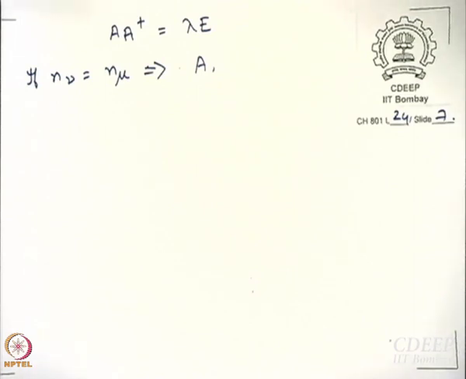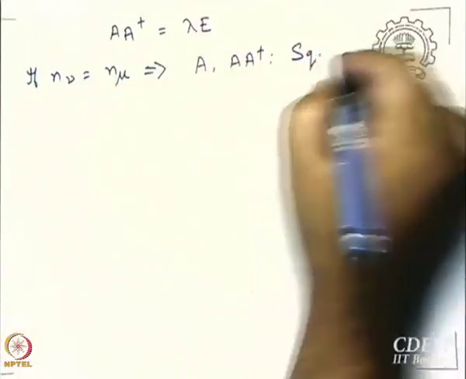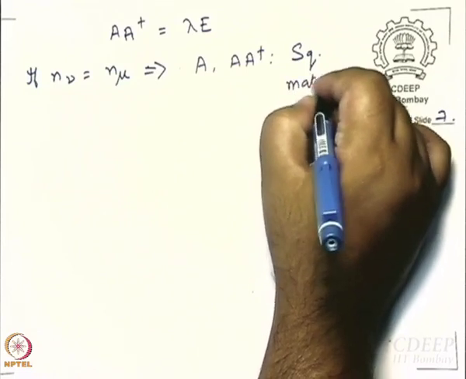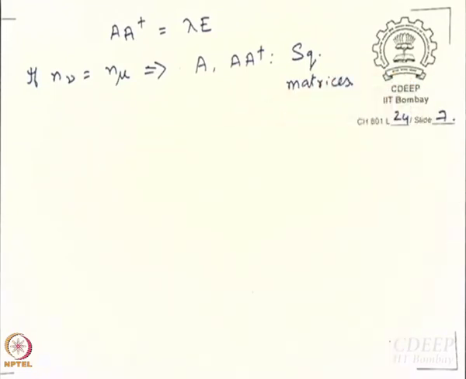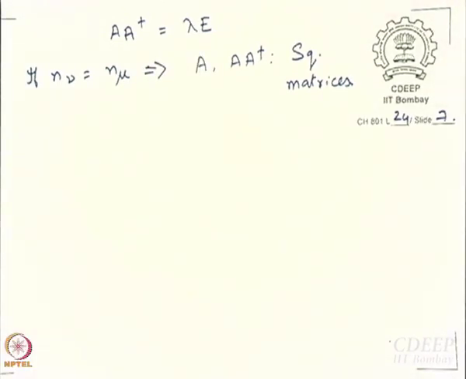So it will be square of square matrix, right? So 4-dimensional matrix, isn't it? That will also be a square matrix, right? So both A and A dagger are square matrices. Okay? And we know already that A dagger equal to lambda E.